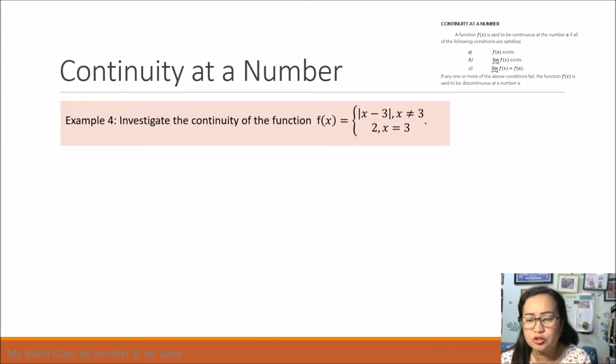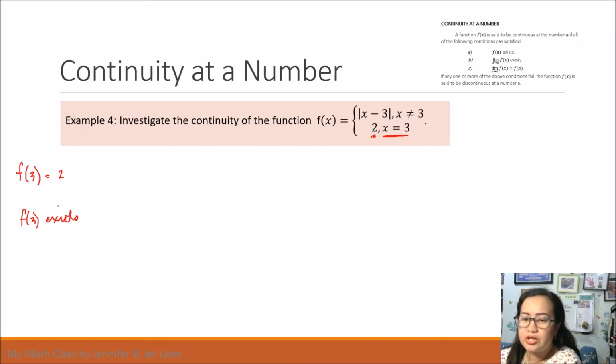For f of 3, we shall use this function, because here we can see that x is equal to 3. So f of 3 is 2, therefore f of 3 exists.